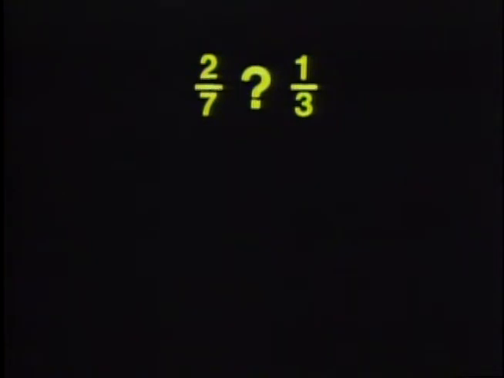Suppose, for example, that we're asked to compare 2/7 and 1/3. We use the common denominator 21, which is 7 times 3.